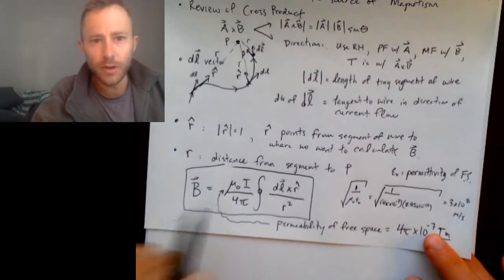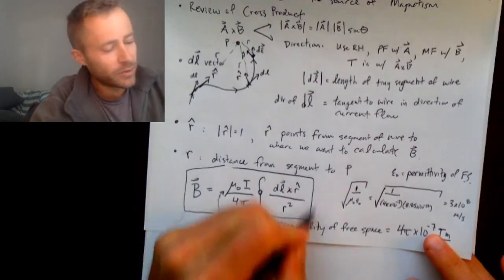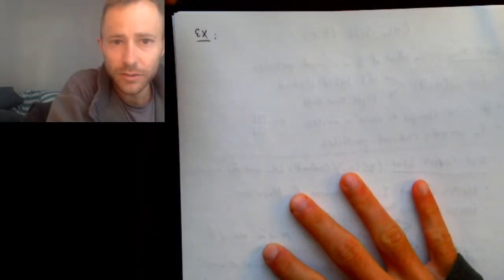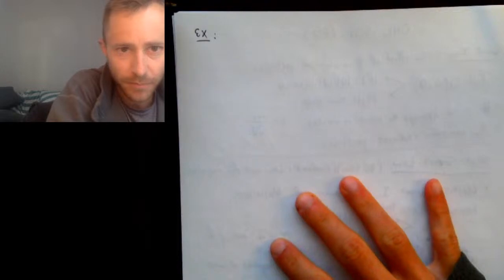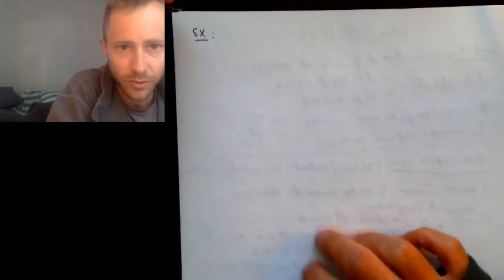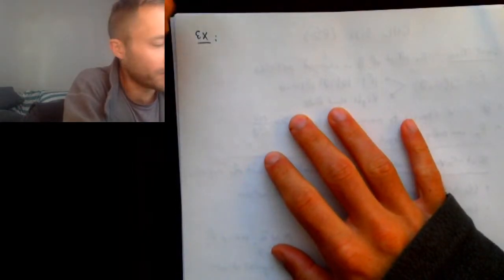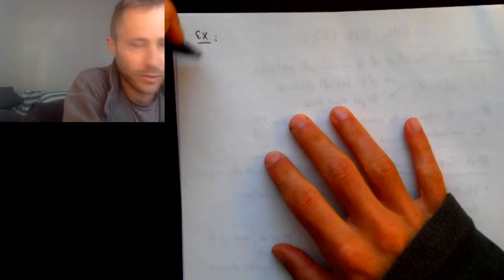So this is the topic for today's lesson, the Biot-Savart law, and also for the next lesson. Today's lesson is about circular arcs and how to calculate the magnetic field due to circular arcs.